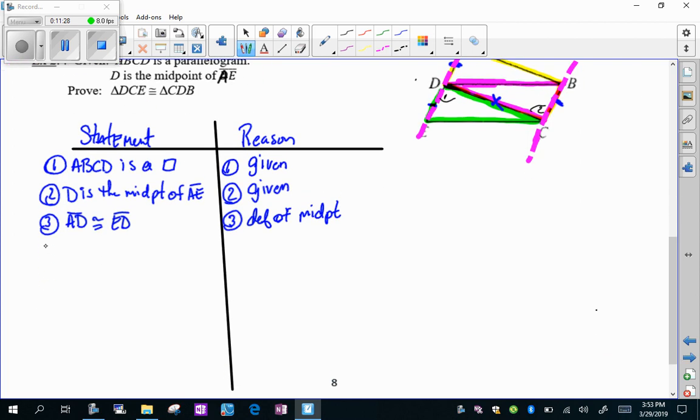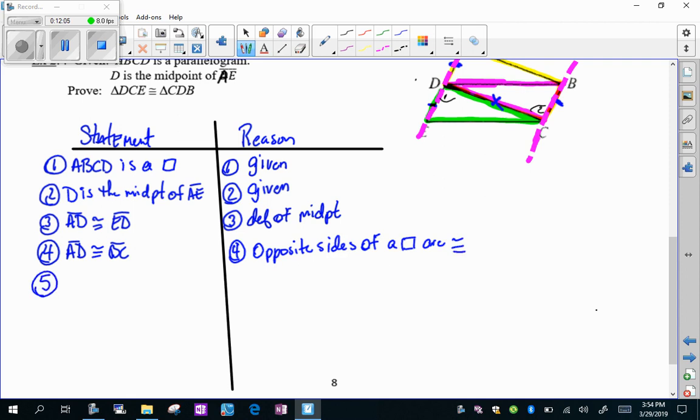All right, I'm going to write AD. AD is congruent to BC. Segment AD is congruent to segment BC. And that's because opposite sides of a parallelogram are congruent. 5, now I can do my substitution.